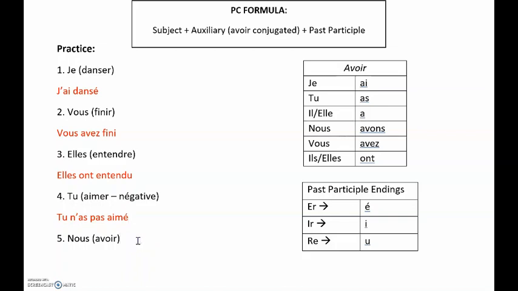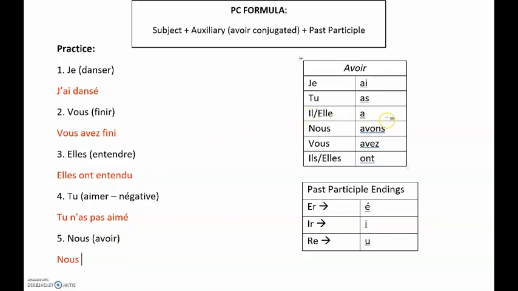Okay, and then the last question here, we've got nous and avoir. Now, if you paid very close attention to your list of irregular past participles, you'll notice that the verb avoir itself in the past tense is irregular. Okay, so we're going to rewrite nous. My auxiliary is still going to be avoir, even though here the verb we're talking about is avoir itself.